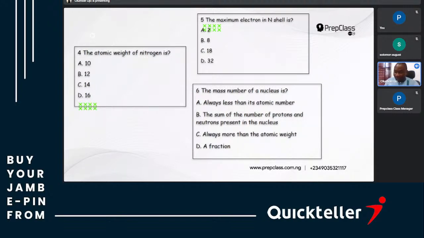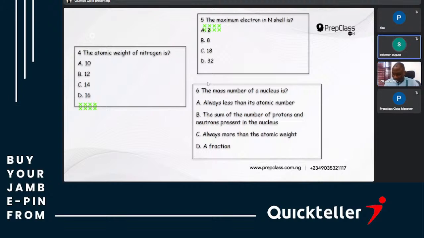In the N shell, you have -3, -2, -1, 0, 1, 2, 3, that's 7 orbitals, and each one has 2. 2 times 7 is 14. So 14 plus the 18 you had before makes 32. So that's how the 32 comes out.